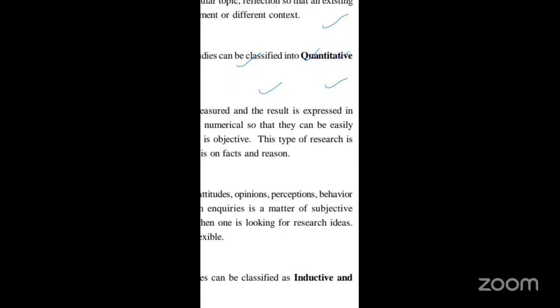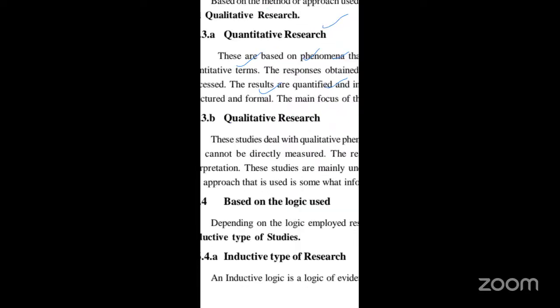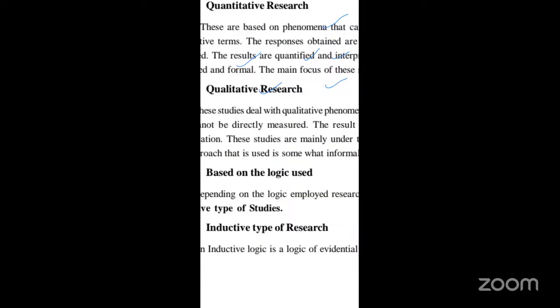The results are quantified and interpretation is objective. This type of research is structured and formal. The main focus of these studies is on facts. So next one is logic.